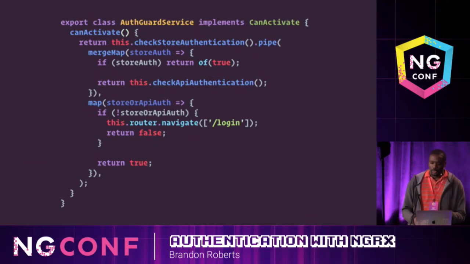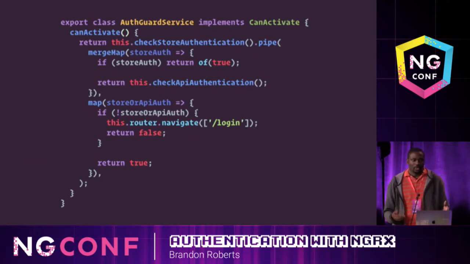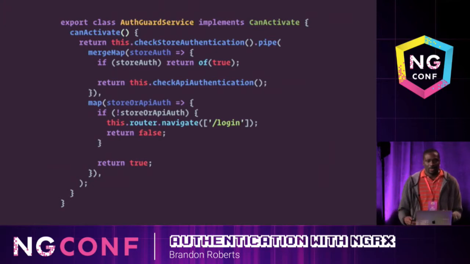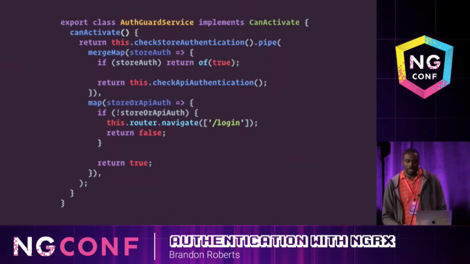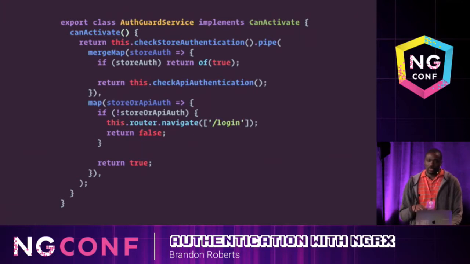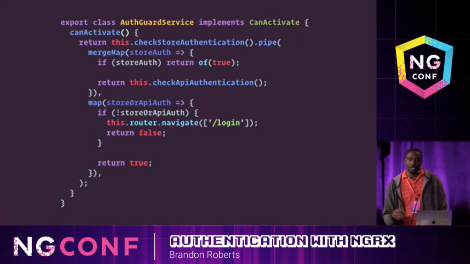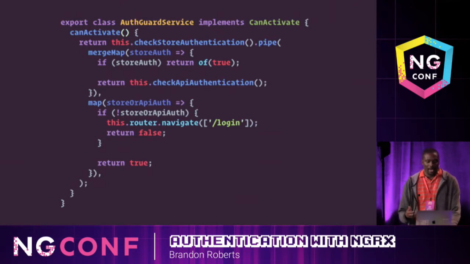And so we can integrate this with the store. Since we can verify that the authentication state will be valid for a certain amount of time, we can check the store first to see if the user is logged in. And this handles when they navigate between pages and on page reloads. So we check the store first, and then as a fallback, we hit the actual API before we redirect the user.